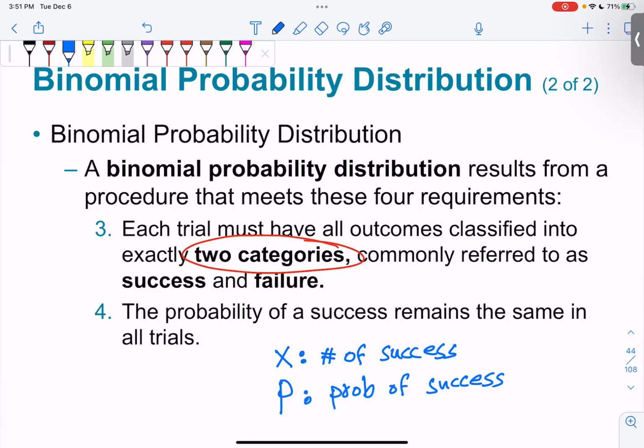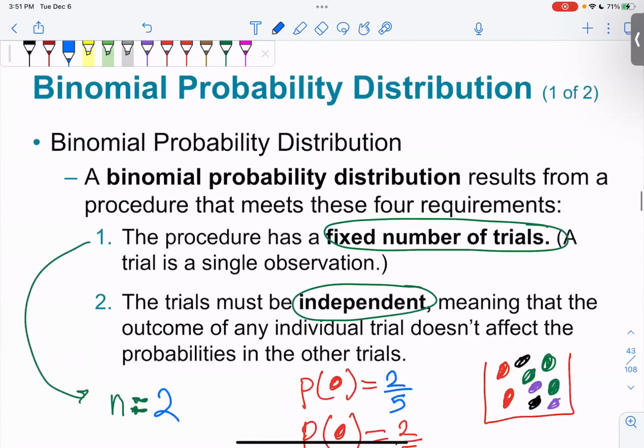So B is the probability, so the value of B must be between 0 and 1, right? So if this value of probability must be the same in experiment 1, 2, 3, and so on, okay?